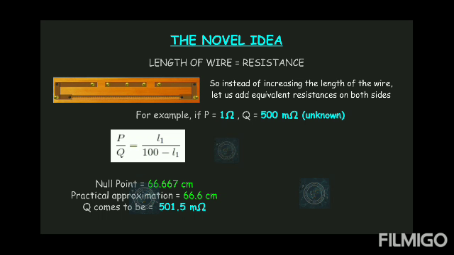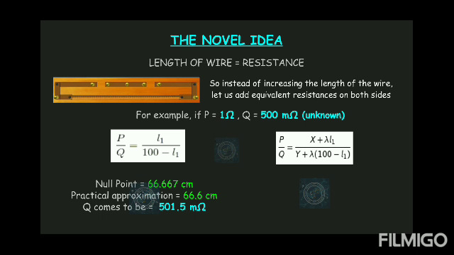Say I look at that picture on the top left. Say I open the gaps on the extreme left and extreme right, and I put 2 resistances there. I'll call them X and Y. What happens now is that P and Q, that P by Q ratio, will need to be balanced by the X resistance plus some wire on the left side, and by some Y resistance plus some wire on the right side. Do you get my point?